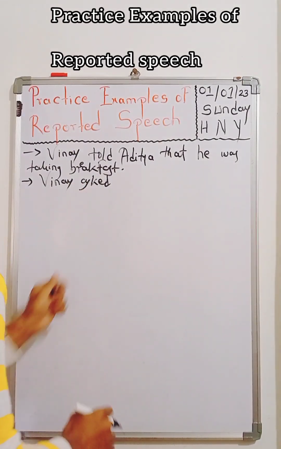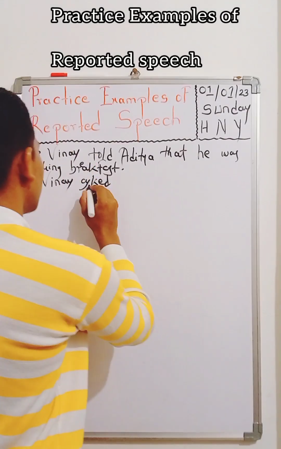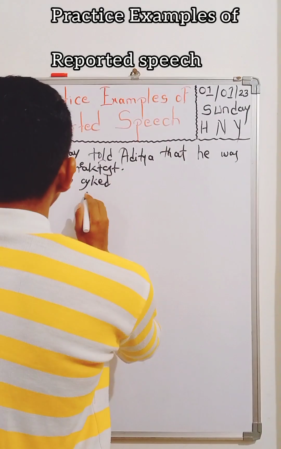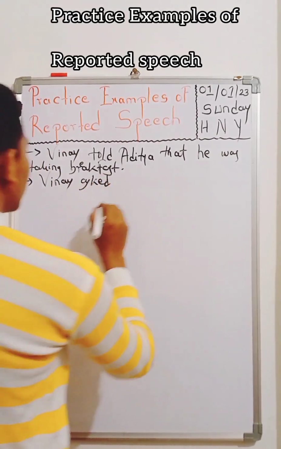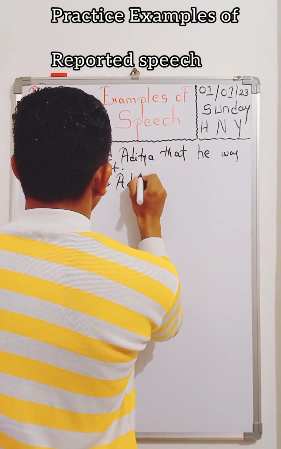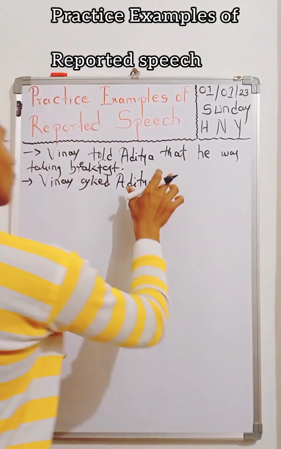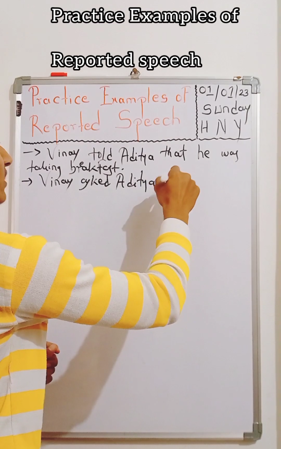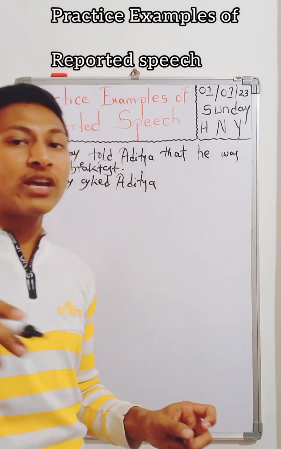If you want to replace this, you can use inquired as well. So here I used asked. Vinay asked Aditya. But here we should not introduce a conjunction, because this is a WH interrogative.